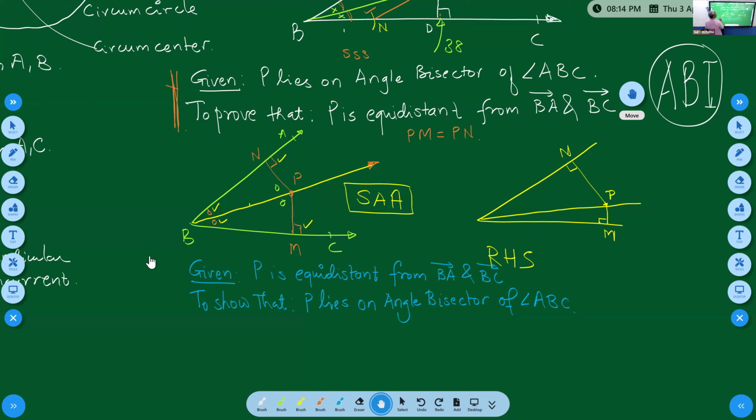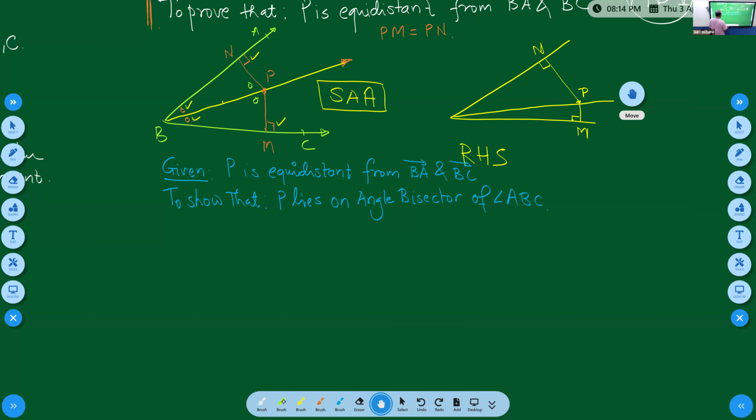Right? So let me draw and give it to you. And if P is equidistant from BA and BC, it is given. Now here the definition is important.